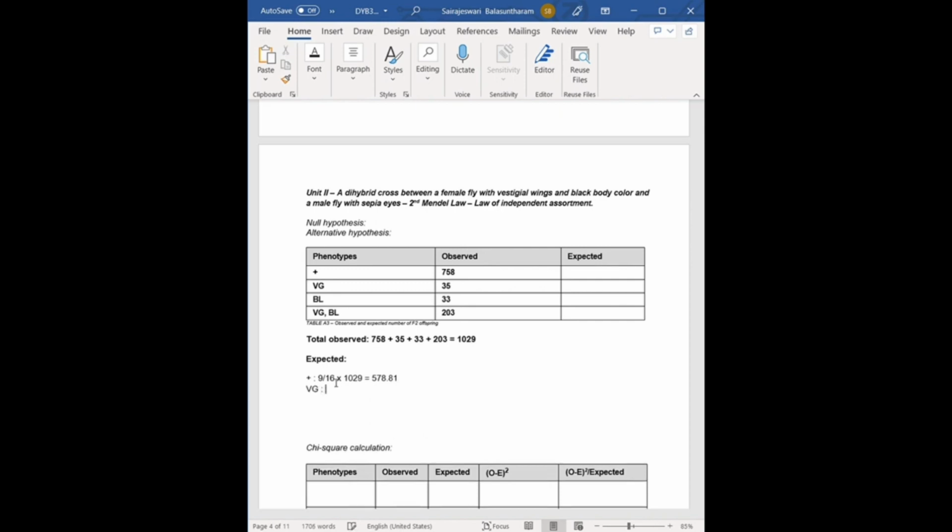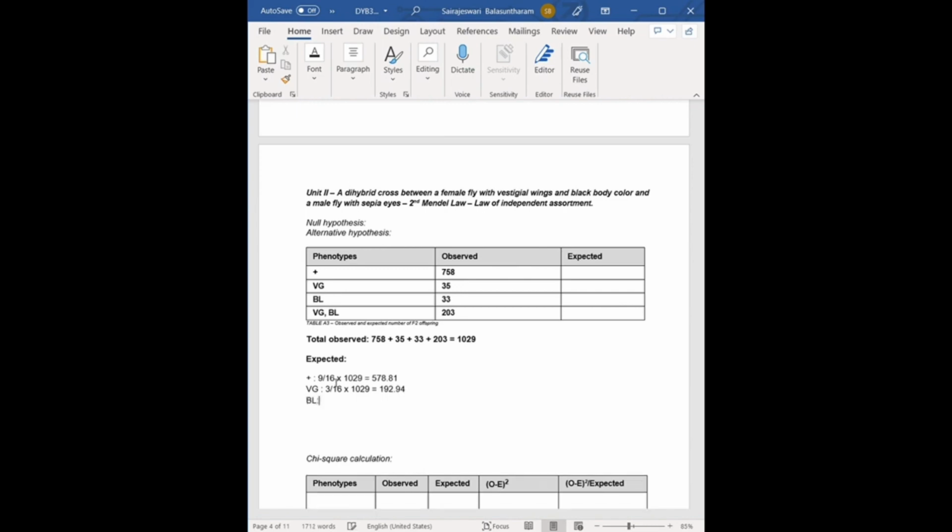And then moving on to vertical phenotype, that will be 3/16 times 1029 and you will get 192.94. And then moving on to black phenotype, the expected is 3/16 times 1029 and you will get 192.94.